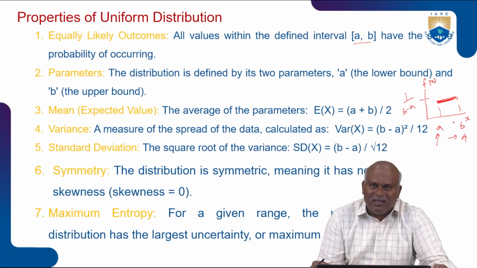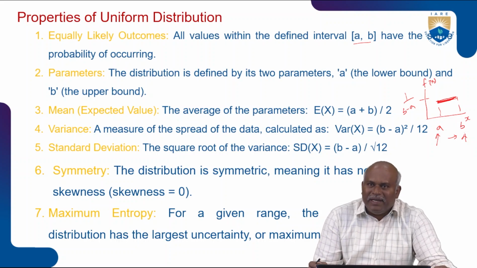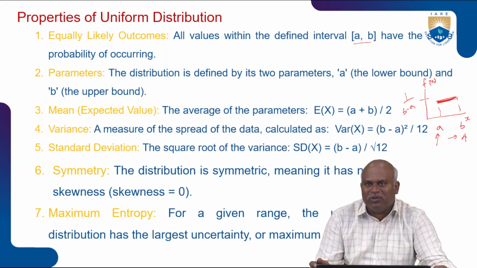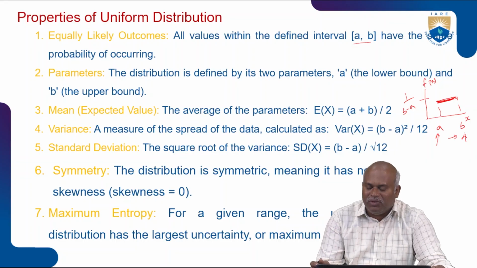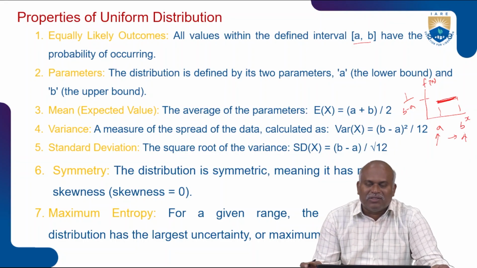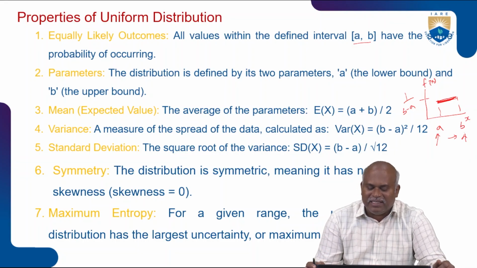The variance is a measure of spread of data. Here we call for the variance in the uniform distribution. The variance is equal to (b minus a) whole square divided by 12. And the square root of variance we call the standard deviation.